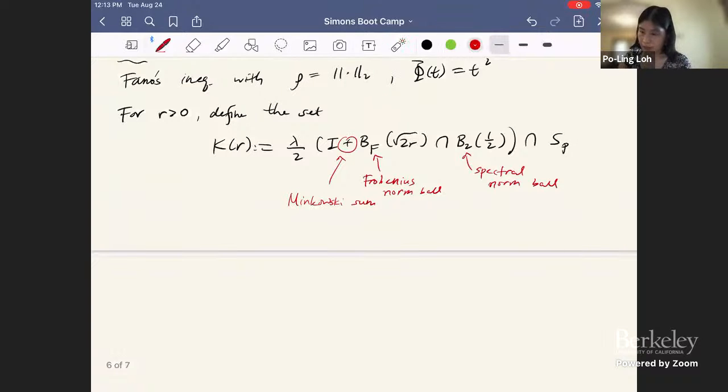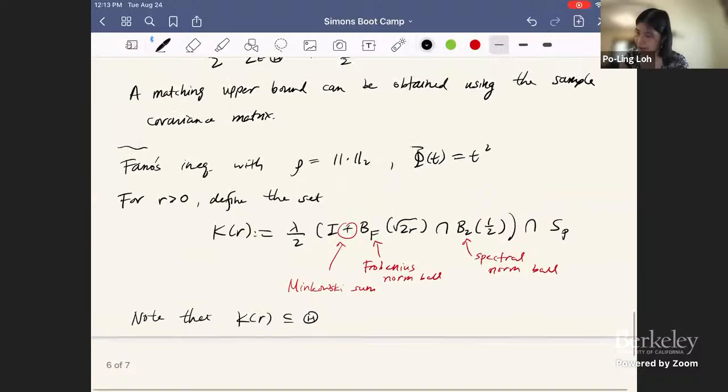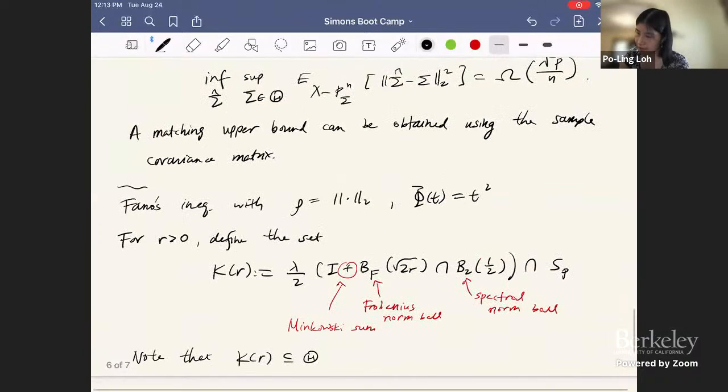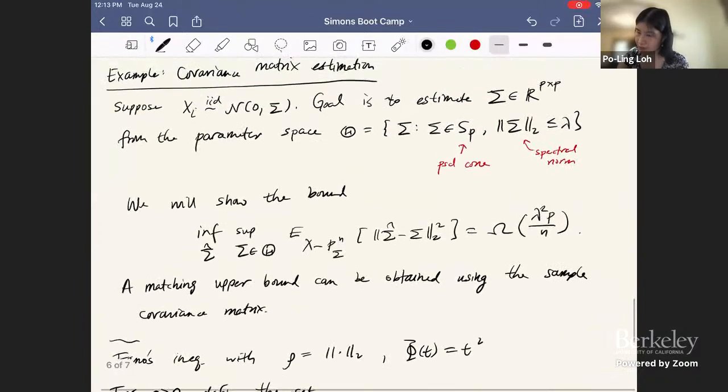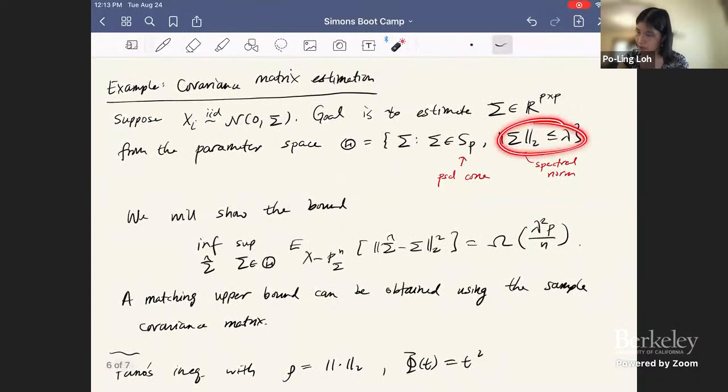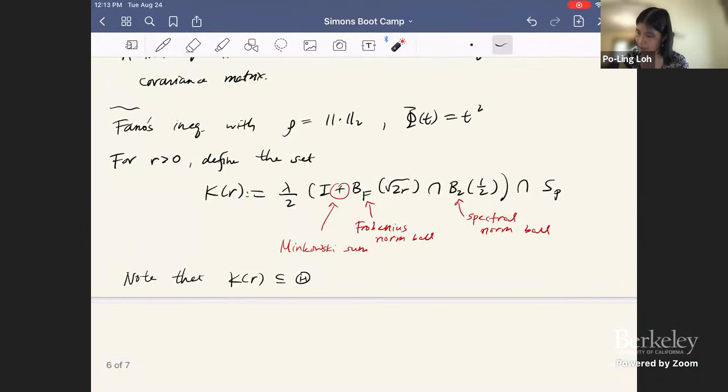One thing I want to note is that, in fact, K of r is a subset of theta. We're trying to find a subset of our parameter space, so we better actually have a subset of it. Remember that every matrix in theta was supposed to have spectral norm bounded by lambda, so this better be the case here.